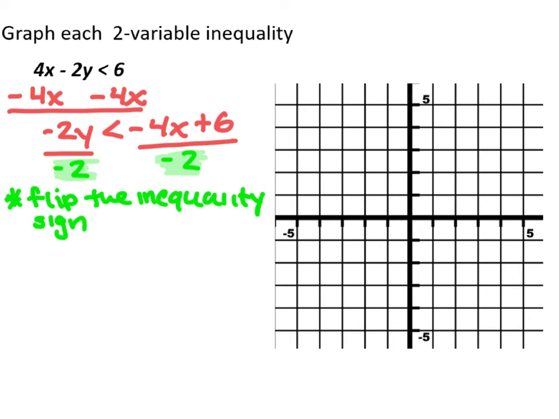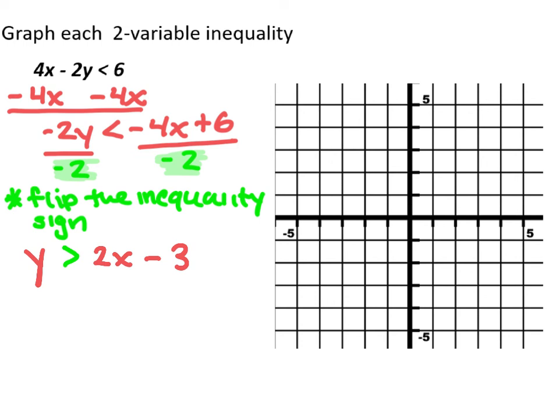So it will become y. We flip the sign, so instead of being less than, it becomes greater than negative 4 divided by negative 2 becomes positive 2x, and 6 divided by negative 2 becomes minus 3.